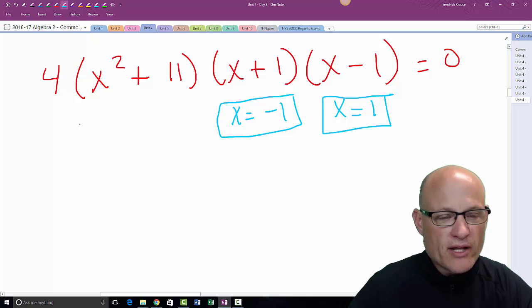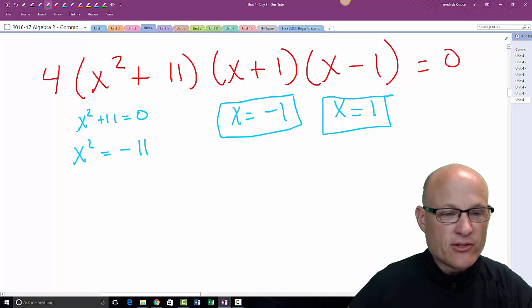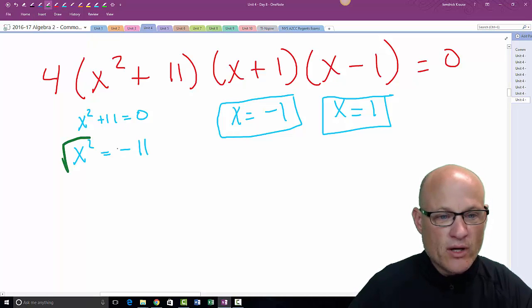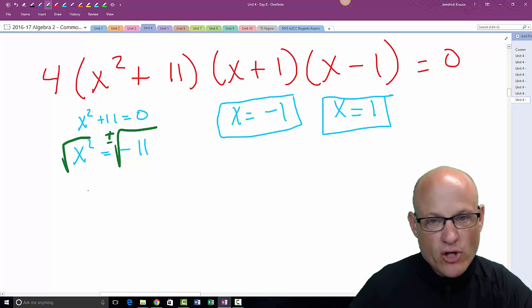So this one, we got to set x squared plus 11 equal to 0. Bring the 11 over, I get x squared equals negative 11. Take the square root of both sides. When you take the square root, you put a plus or minus. Now, that's not good enough to leave it as plus or minus the square root of negative 11. You know what the square root of the negative is.